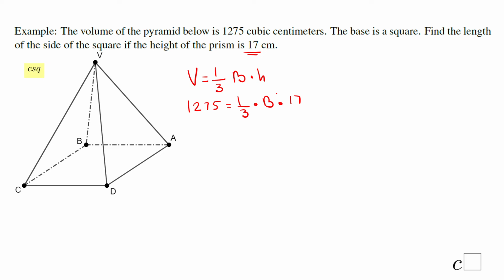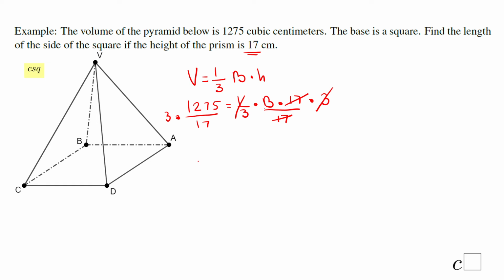So in this problem, first of all, you want to solve for b, and for that reason I will suggest you to multiply by 3 to get rid of this 1/3 and divide by 17 to get rid of this 17. Obviously you have to do the same thing on the other side.